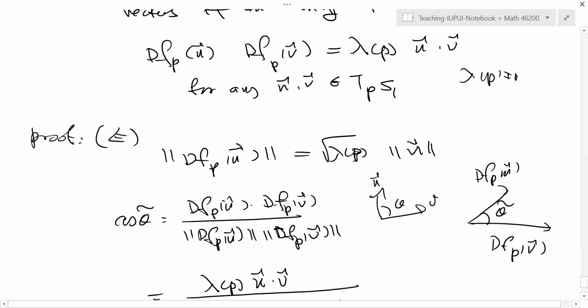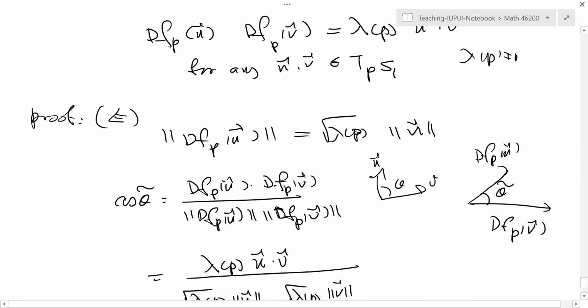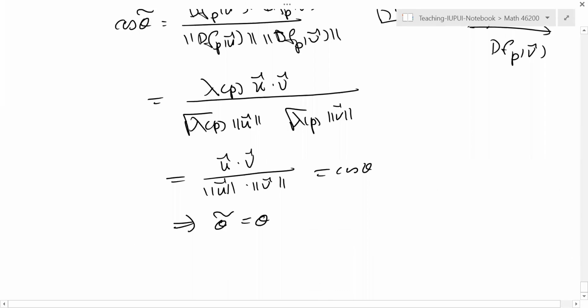It's a little bit tricky to prove, but I don't have time, so I stop here. You can think about how to prove the other direction: if a linear map preserves angles, can you prove the inner product is proportional to each other?